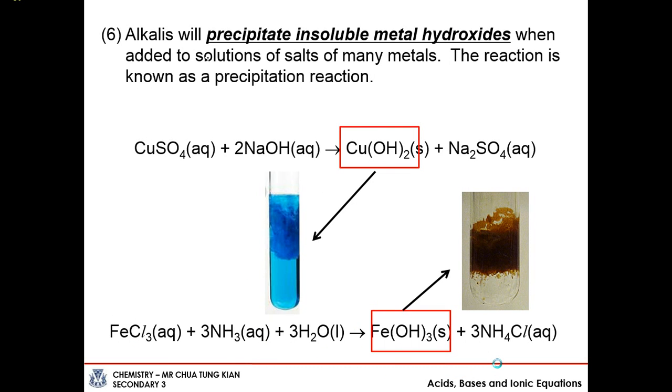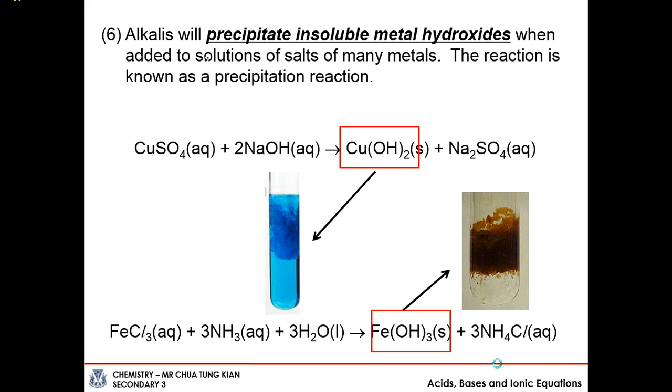This next property of alkalis is widely applied in QA. So we add sodium hydroxide, or we add NH3, or ammonia, to precipitate out some metal ions, and based on the color of the metal ions, we can deduce what metal ion is present.